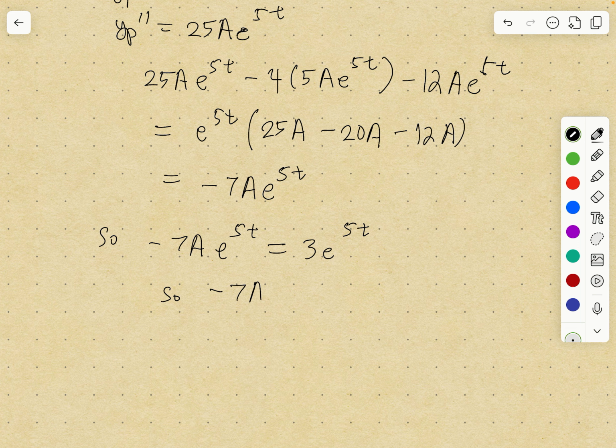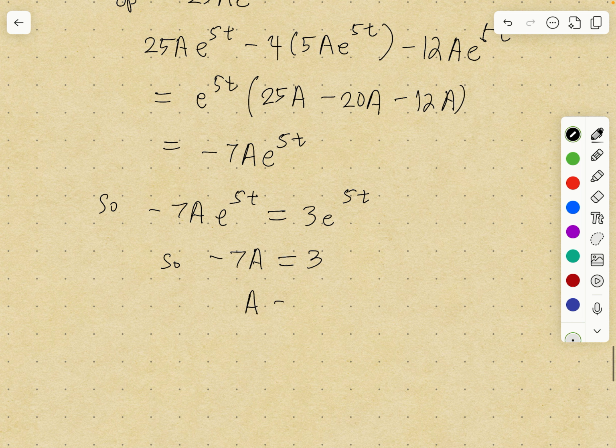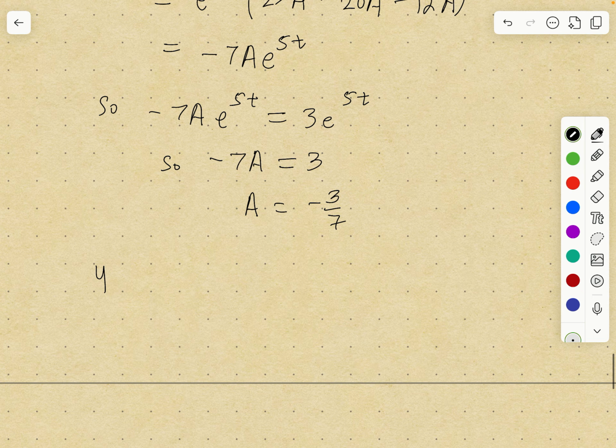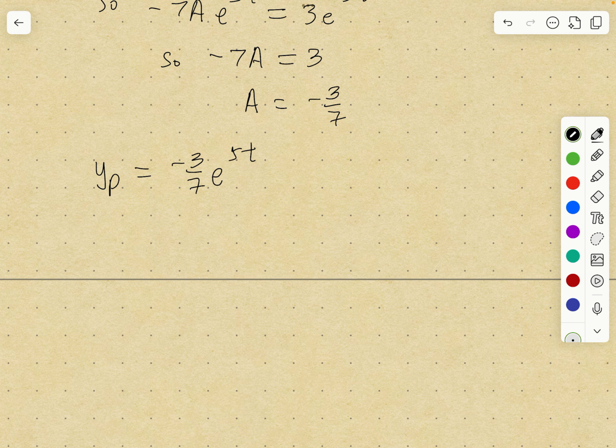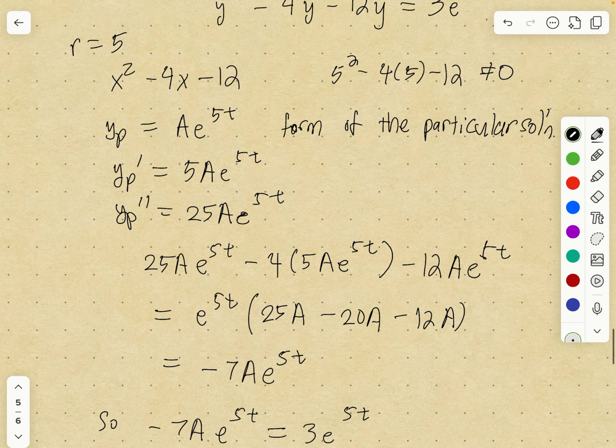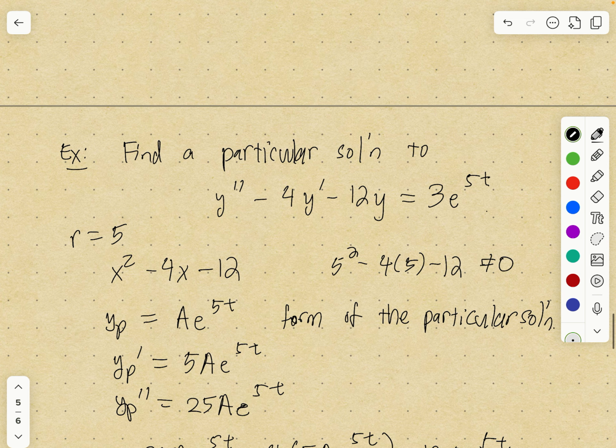So negative 7a is going to be 3, and so therefore a is going to be negative 3 over 7. So our yp is going to be negative 3/7 e to the 5t. And you can actually check, if you wanted to, that this function really is a solution to this differential equation. Okay.